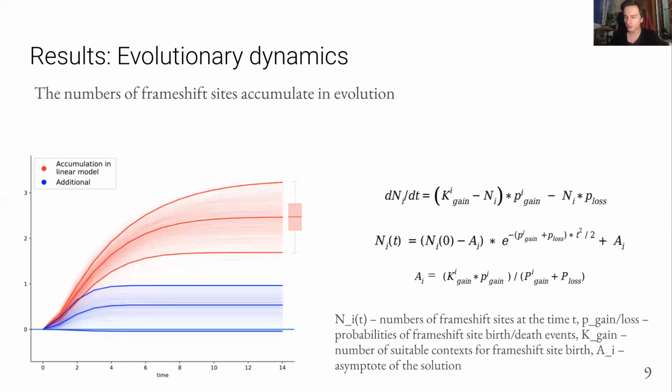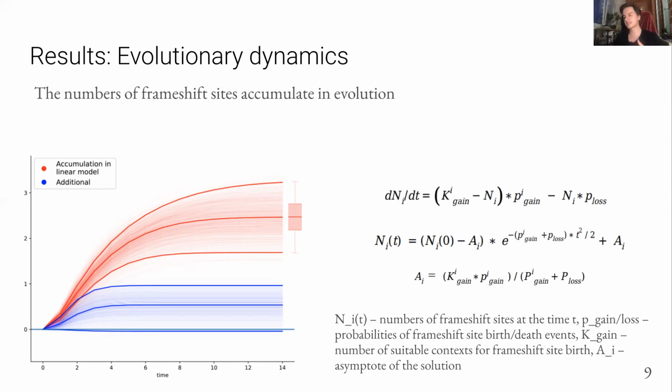Generally, we see more frame shifting site gains. But if we look at the probability of gains and losses, we see a higher probability of frame shift site loss. This may happen if we have a non-equilibrium situation here.